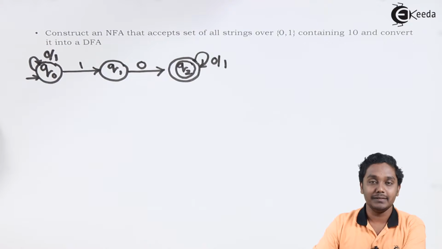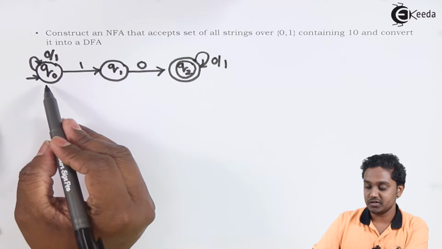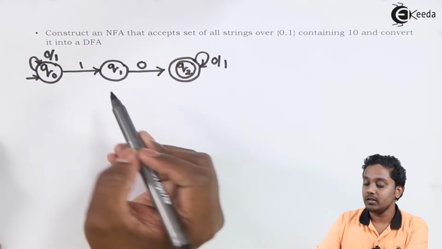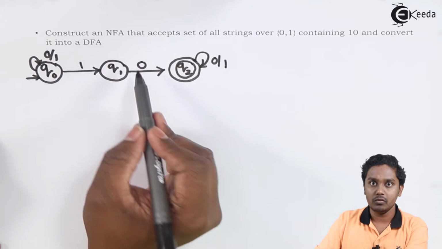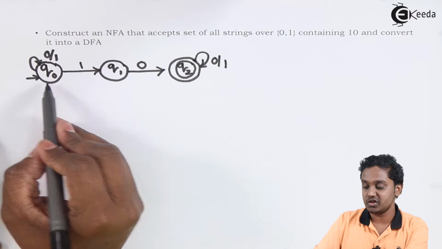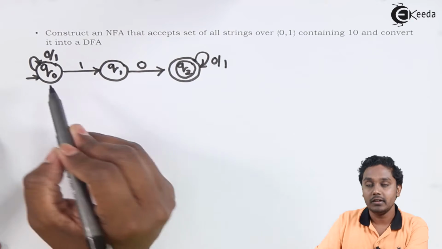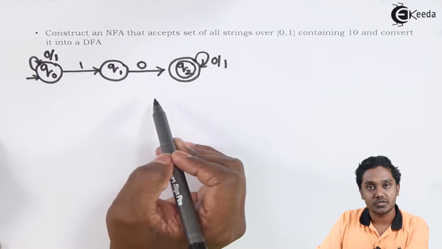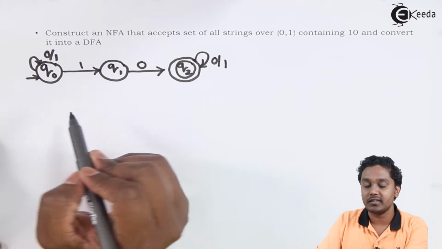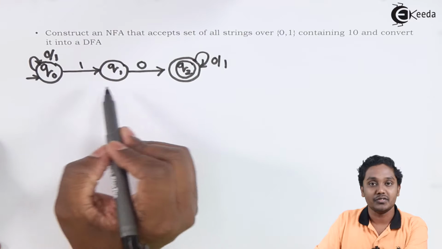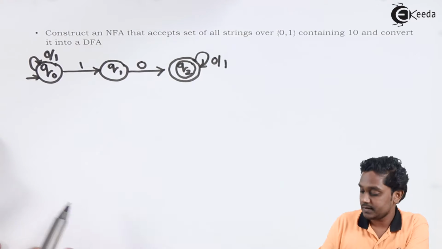As you can see in the diagram, Q0 is the initial state, Q2 is the final state. On encountering 10, we have a transition from the initial state to the final state. That means this will accept the set of all strings which contain 10 as a substring, or we can say the string will contain 10 in it.